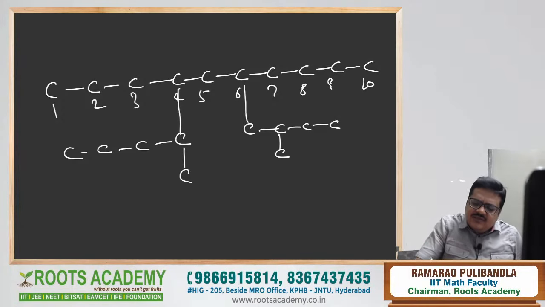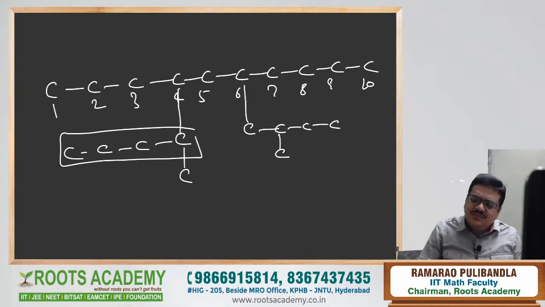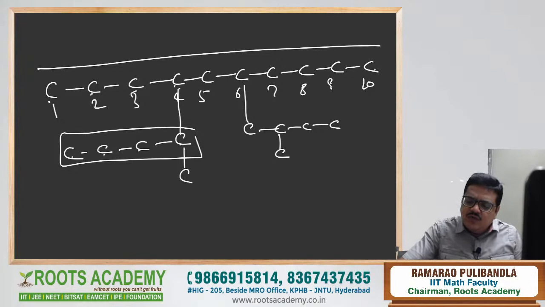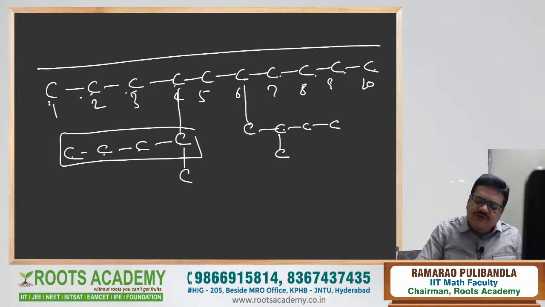Now, how to write its IUPAC nomenclature? At fourth place there is a branch. 1, 2, 3, 4, 5, 6, 7, 8 only. This is not the long chain. 1, 2, 3, 4, 5, 6, 7, 8, 9, 10. This is the long chain. It is also a long chain. Under these conditions, which one do we have to prefer?